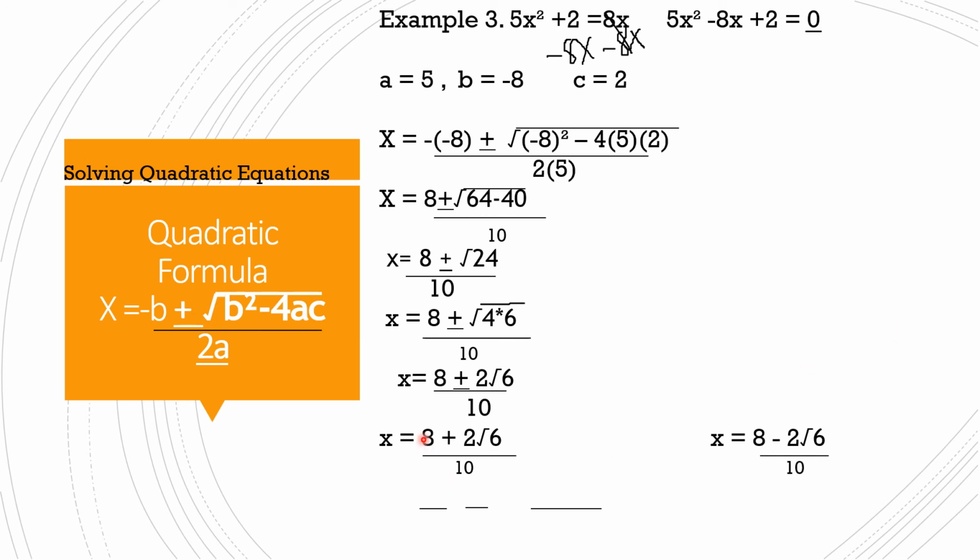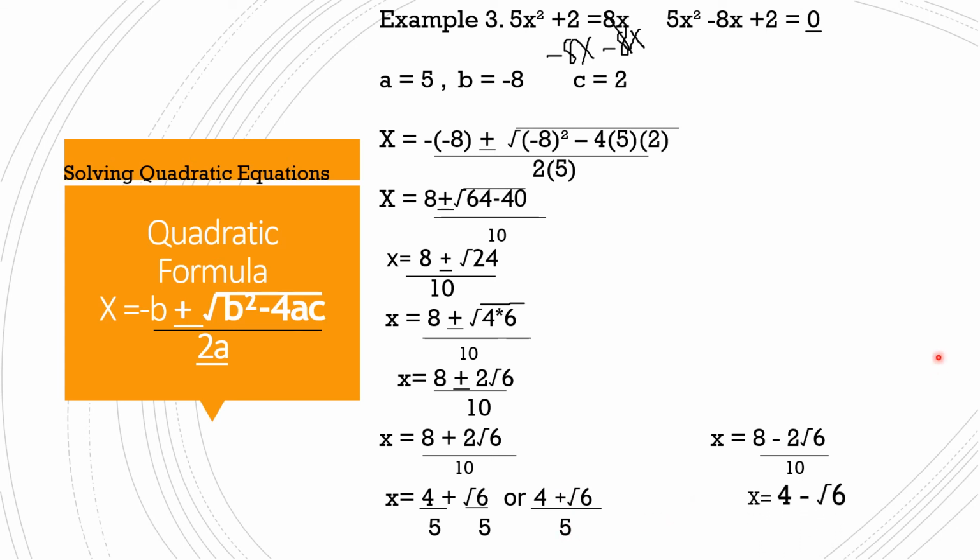Reduce to lowest terms, 8 and 10, very easy, by 2, 4 over 5. This one by 2, 1 over 5. So that is 4 over 5 plus square root of 6 over 5. Why? Because understood there is 1 here. Or since they have the same denominator, we can just simply put it together. 4 plus square root of 6 all over 5.